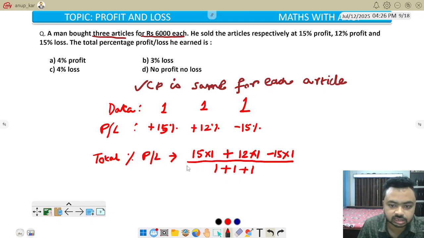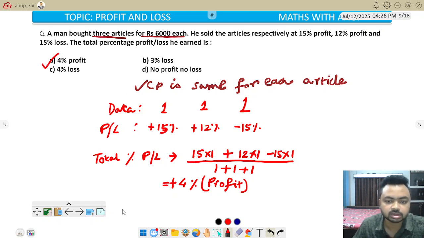So this and this get cancelled out, and it will be remaining with 12 by 3. So it will come out to be 4%, and as it is plus 4%, it is a profit. So it is 4% profit. I hope it is clear. Let's better understand with further examples.